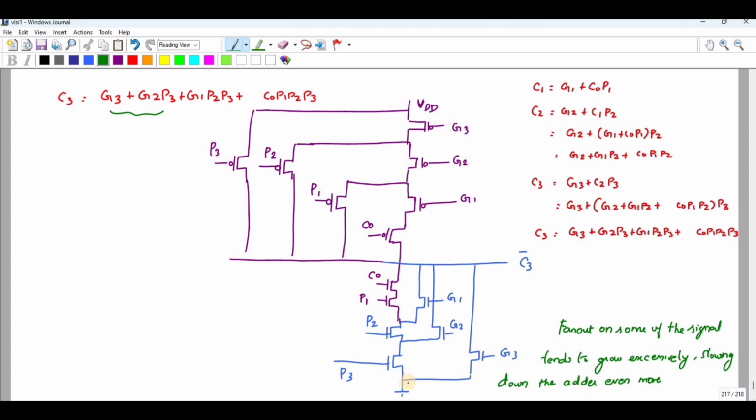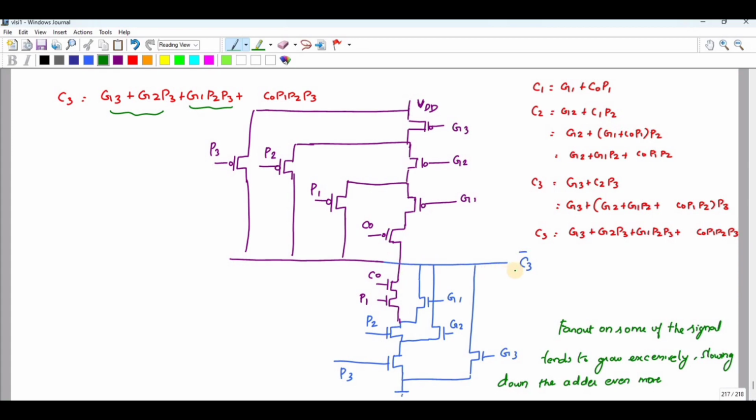Then G1 P2 P3 is in parallel with this whole term. Likewise, C0 P1 P2 P3 is in parallel with this whole term. This is how I have got the value of C3 bar.